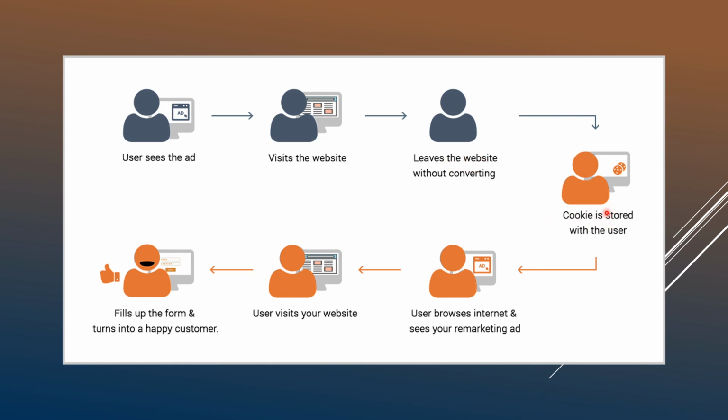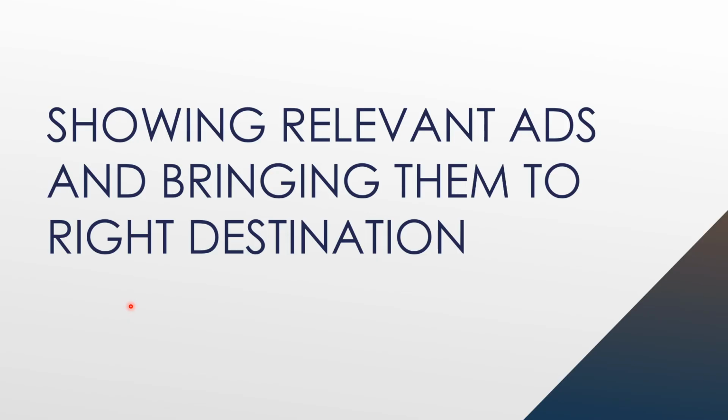A cookie is stored as the user browses the internet and sees your remarketing ad. The user then visits your website and fills up the form and turns into a happy customer. That's the usual process of retargeting. So by retargeting, you are able to show relevant ads and bring them to the right destination.